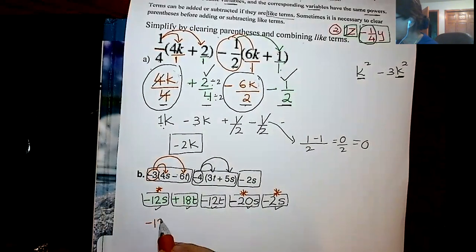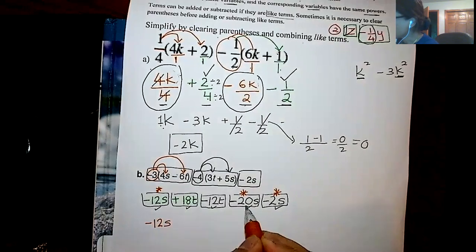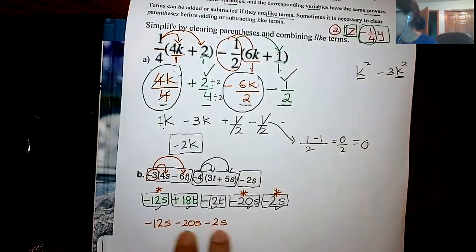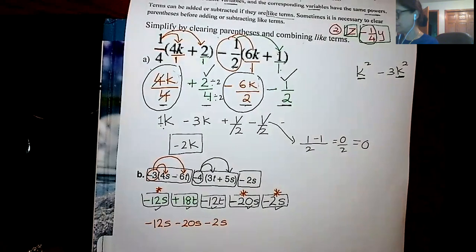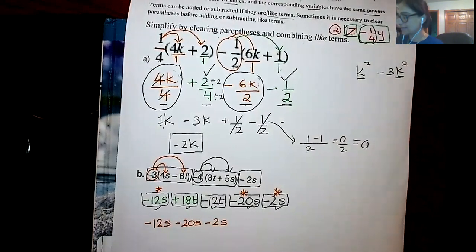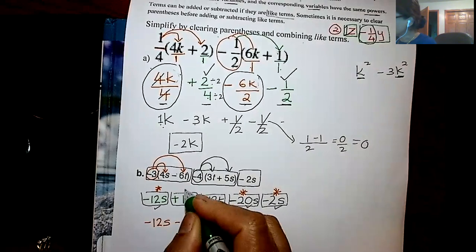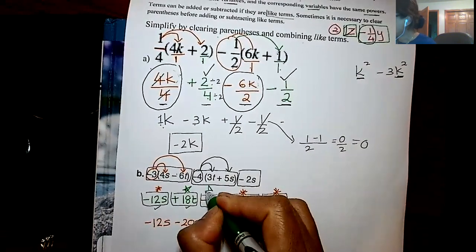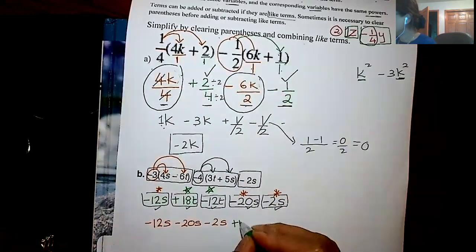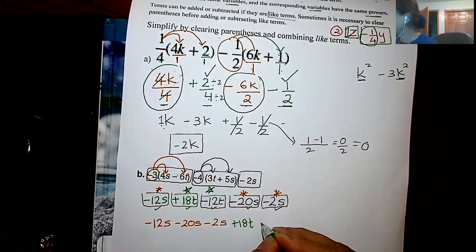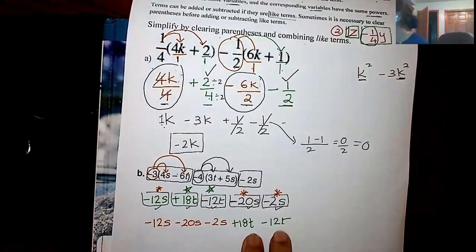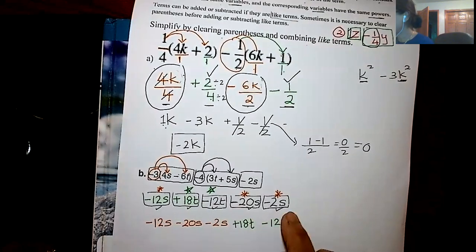So -12s, -20s, -2s. They all have the same variable, that's why they are like terms. I will bring 18t, positive 18t, and -12t together, because they are like terms. They have the same variable and to the 1 power.